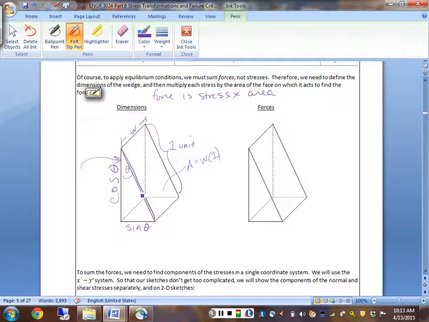So that area on the back face is what? Is W cos theta. Area of the back is W cos theta. And then how about the area of the bottom? Is W sine theta. Y'all with me? All right.